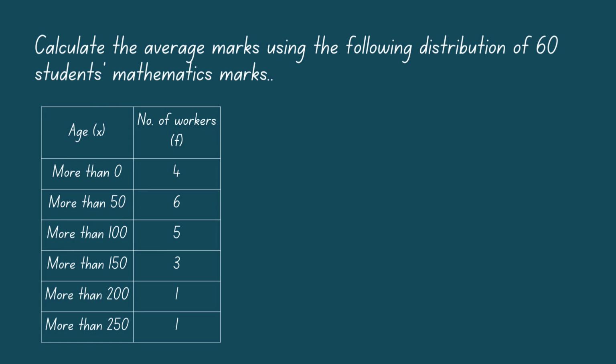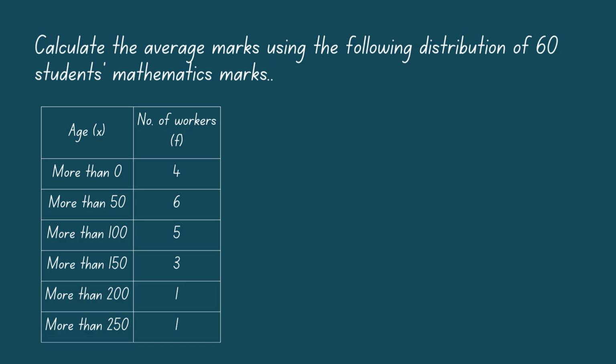This same question can be written in this form also, where we are giving the age as more than 0, more than 50, more than 100, more than 150 and more than 250. This is also exactly the same way how we are going to do this. We look at the pattern. It's 0, 50, 100, 150 and 250. So there is a clear pattern here, right? So we are going to assume the width to be 50 here also.